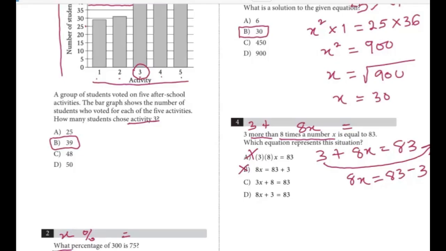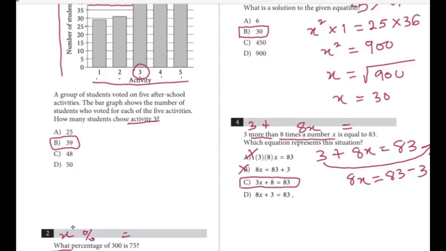Look at the third option. 3x plus 8 is equal to 83. It is also a trap for you because this is 3 times x, and the question is 8 times a number x.